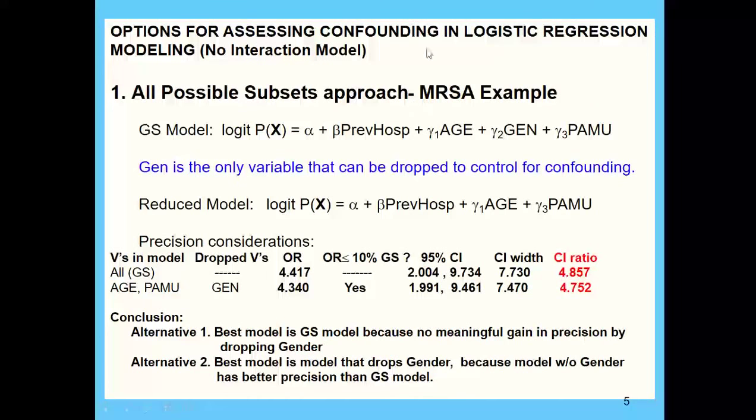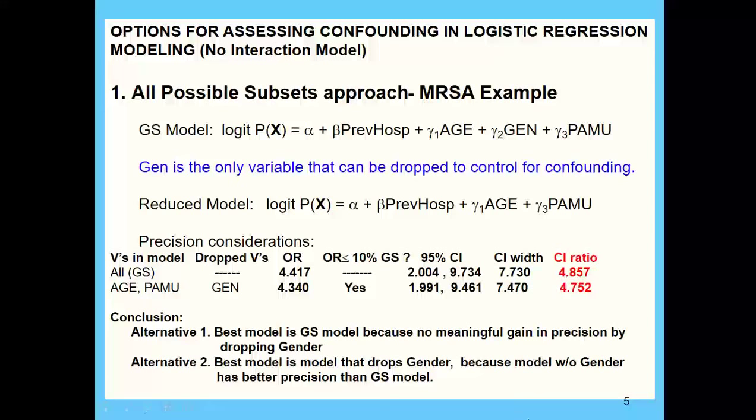So we've talked about the all possible subsets approach, and we just saw that, and I just said there were only two models, the gold standard model and the one that dropped gender, that gave you the same odds ratio and essentially the same confidence interval. And by the way, when you want to compare confidence intervals and look at precision, the usual way you do that when you're doing a nonlinear model is to not do the confidence interval width, but the confidence interval ratio.